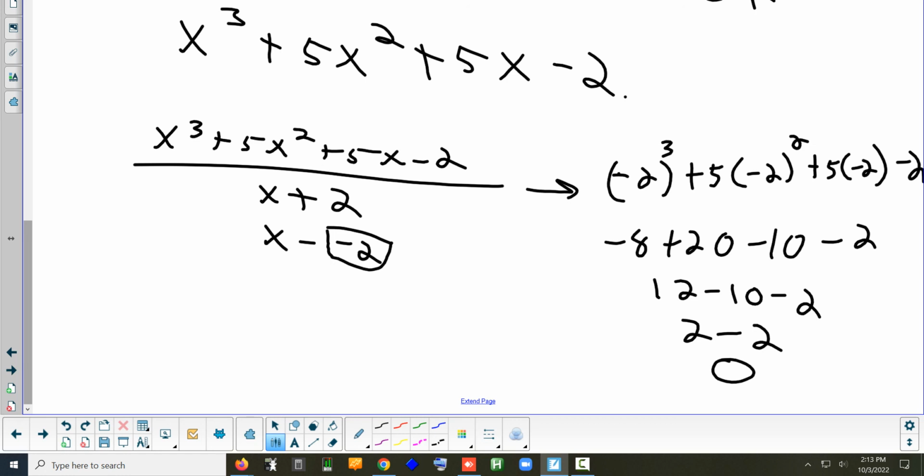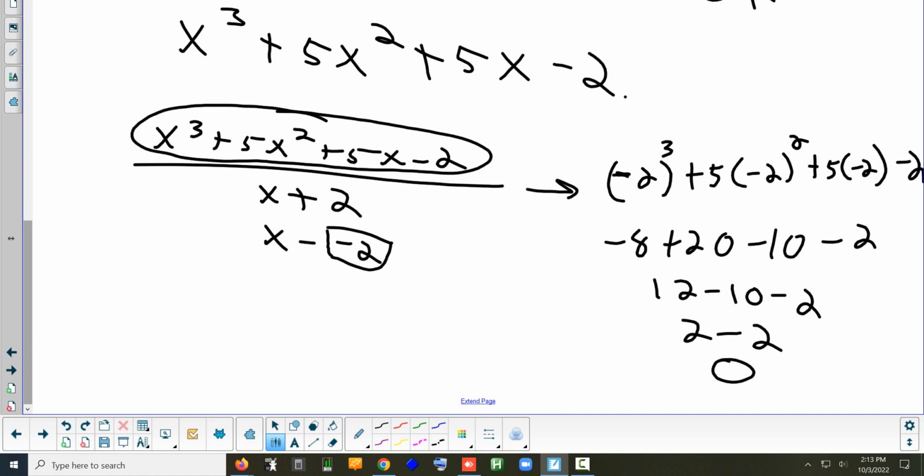So -2 was what you call a root of this thing in the top, because it's a number you could plug in for x and get an answer of 0. So -2 was a root.